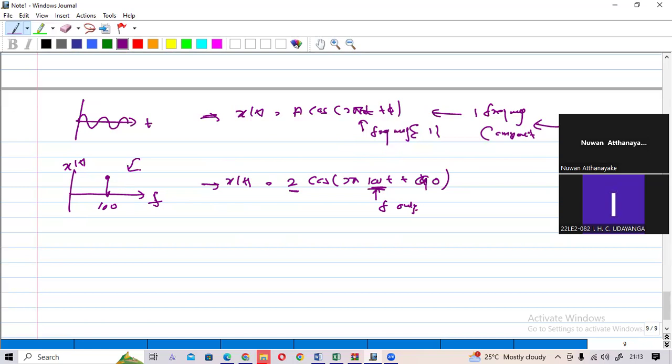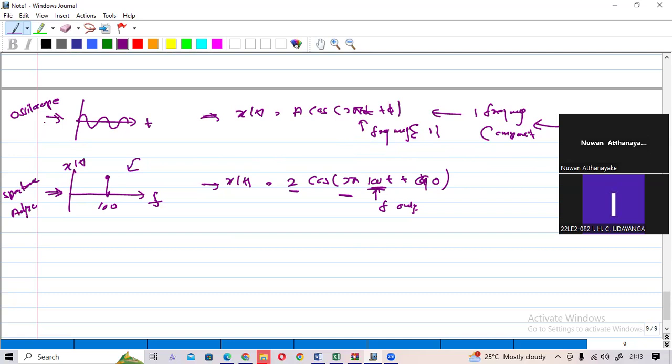If you see this using an oscilloscope, you will see this kind of one. If you see this sinusoidal signal through a spectrum analyzer, you will see this kind of one.